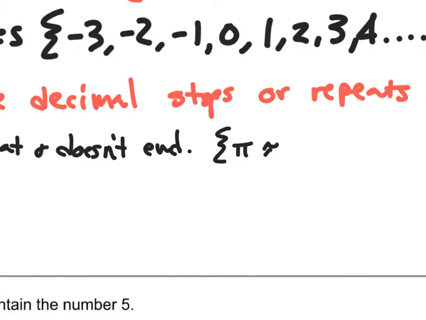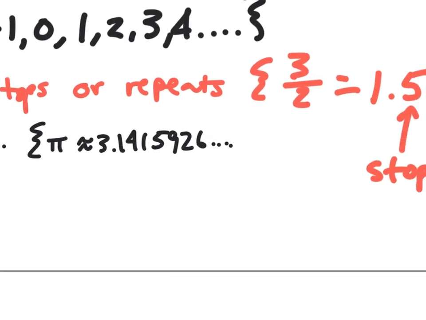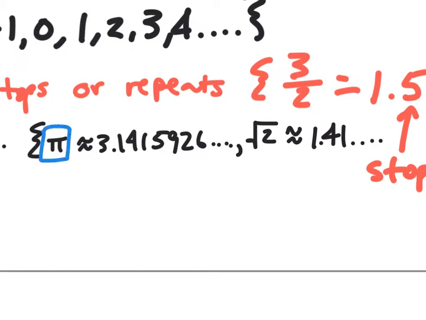Pi is approximately 3.1415926, and it just keeps going. It doesn't ever end, and it doesn't repeat. It doesn't have a sequence to it. Another irrational number would be the square root of 2. That's like 1.41, and it keeps going. For those irrational numbers, we use the value pi or the square root of 2. We don't really use the decimal approximations of those.